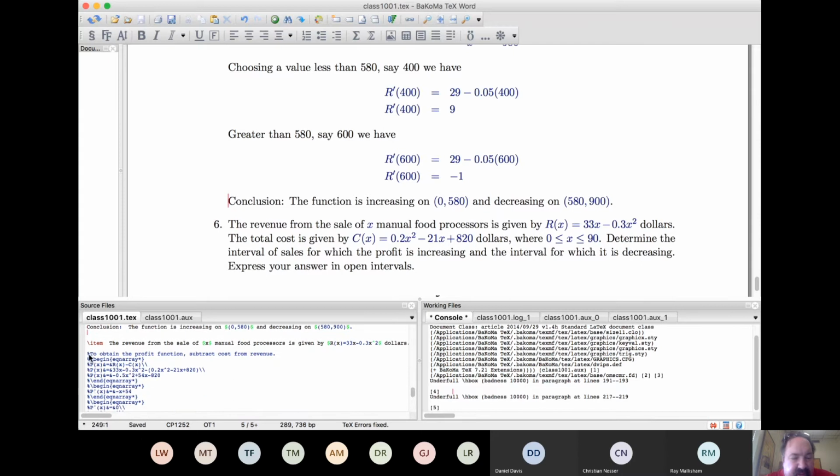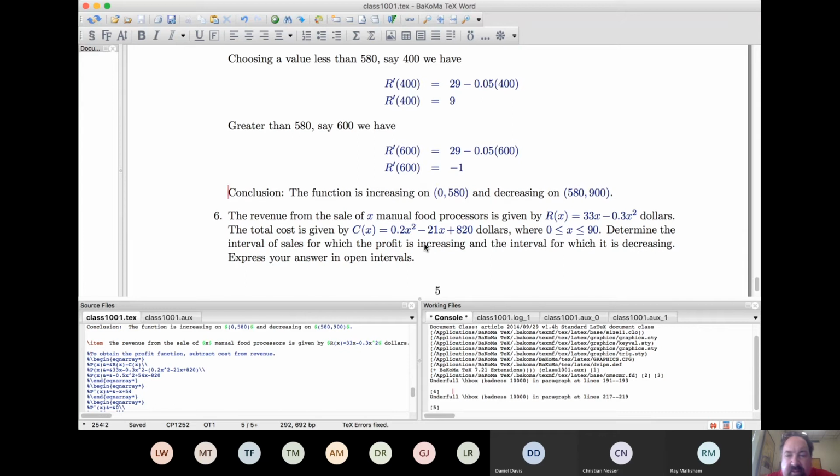I'll go through, especially in case anybody missed last time, a similar kind of problem dealing with, again, increasing or decreasing intervals. This involves a profit function. So you're given a revenue function, you're given a cost function.